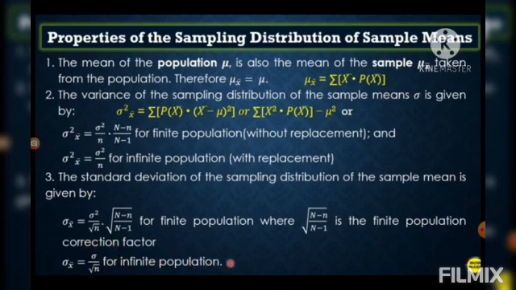Those are all the properties of the sampling distribution of sample means.